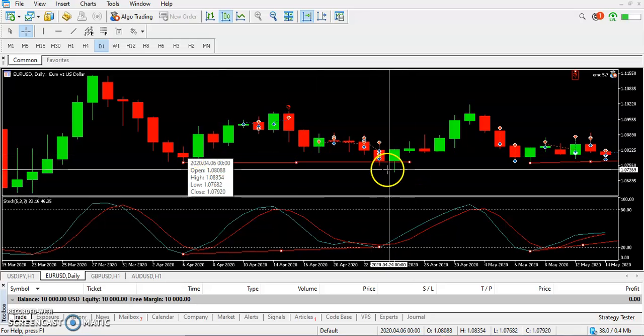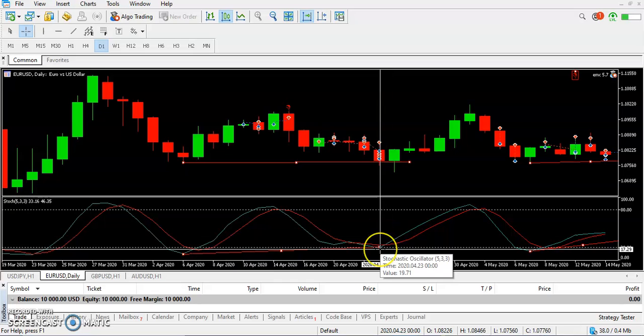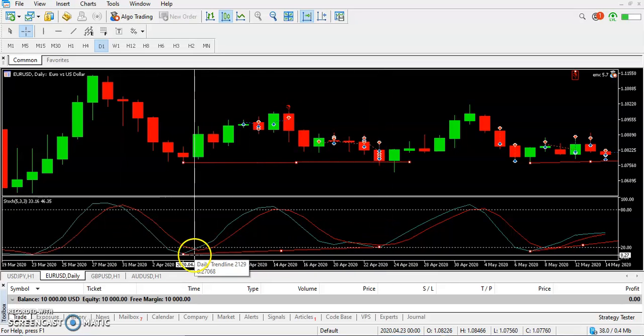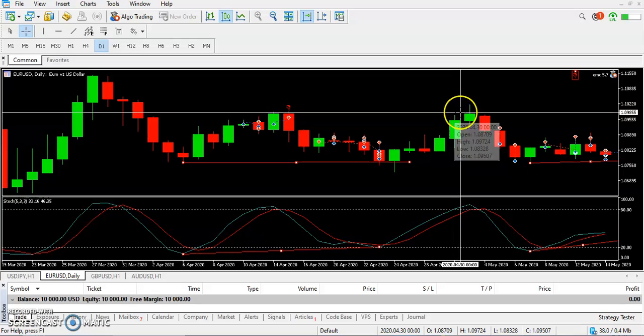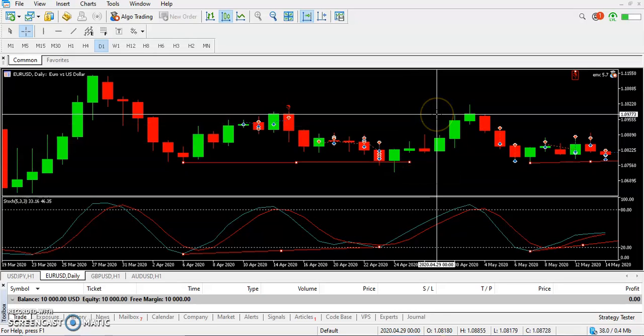So it's almost the same straight level on the graph, but on the indicator there is a slight climb, very slight climb. Let's see how much one pip would have given us on this one. So it would have given us almost 200 pips.